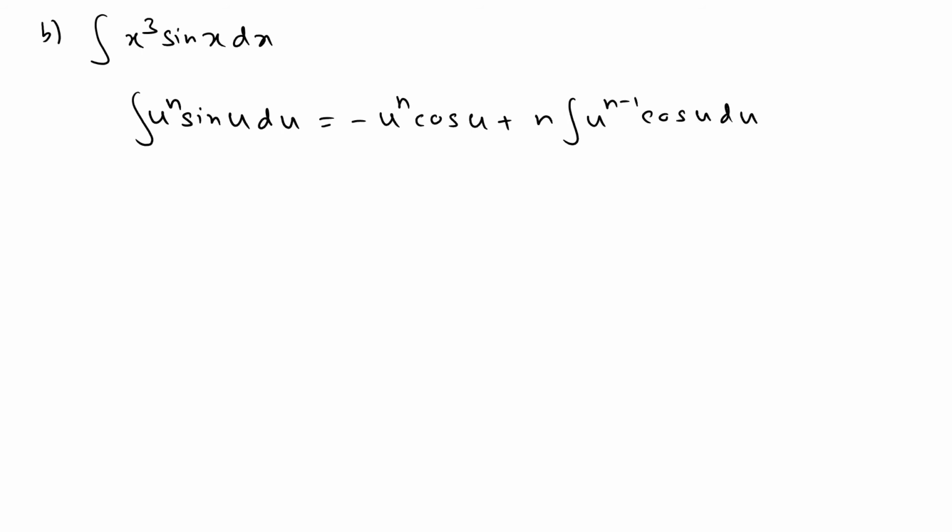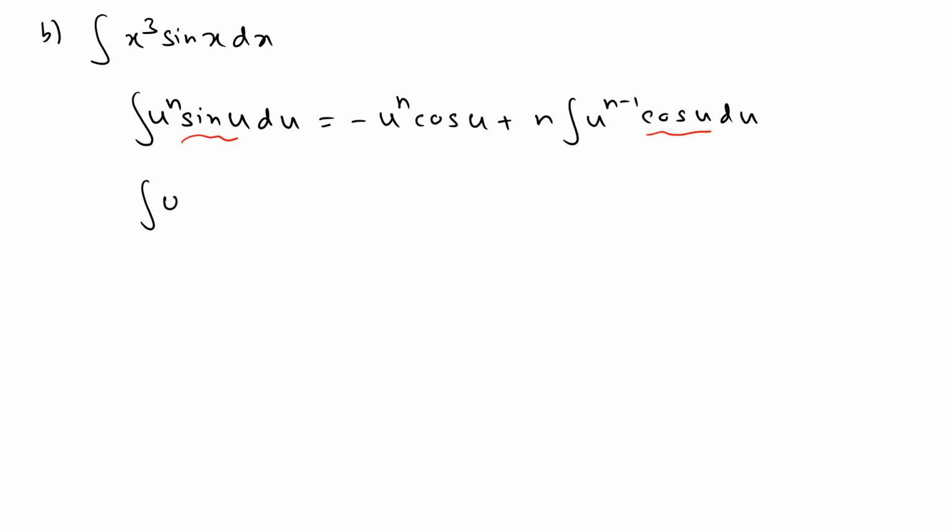This one you can easily integrate using integration by parts. And also there's another formula, because once you reduce the power, sine becomes cosine. That means you also need the cosine formula.